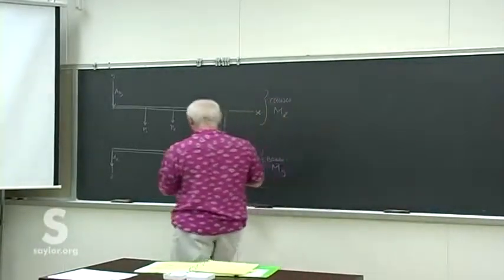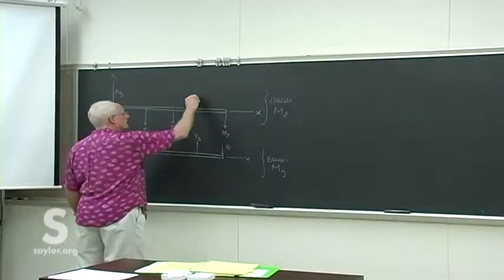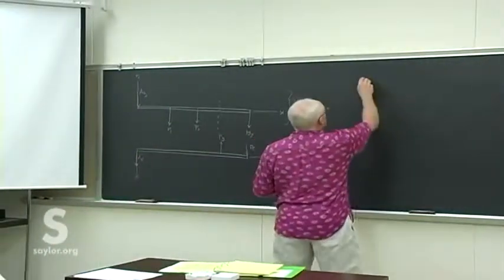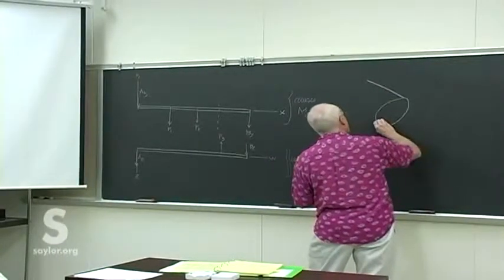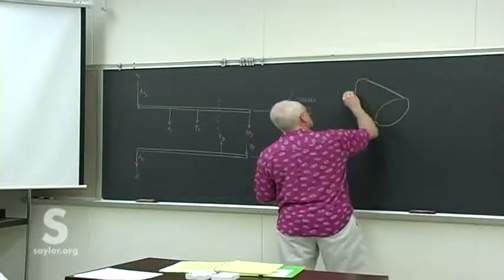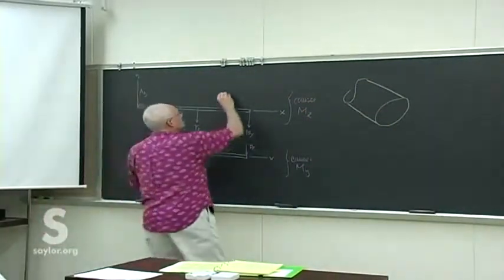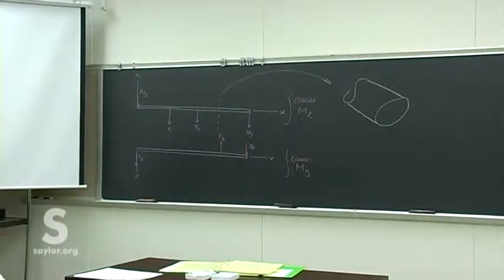So if we look at some arbitrary cross-section somewhere through the beam, look at it in some kind of perspective. So we've got another one of our arbitrary cuts through these things.